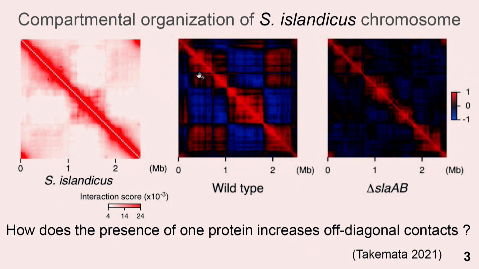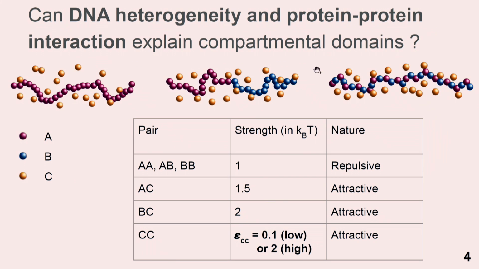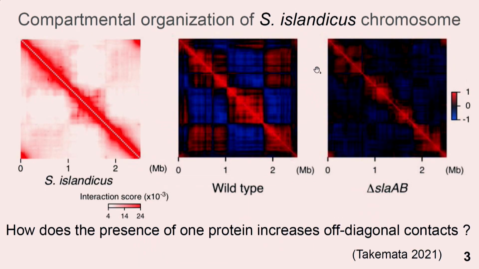So you see certain compartments, the blue and red regions, and some diagonal terms. But if they delete one protein, you see a drastic reduction in the off-diagonal terms. So the question we started asking was: how does the presence of one protein increase the off-diagonal contacts?